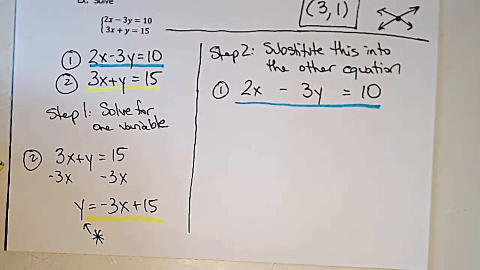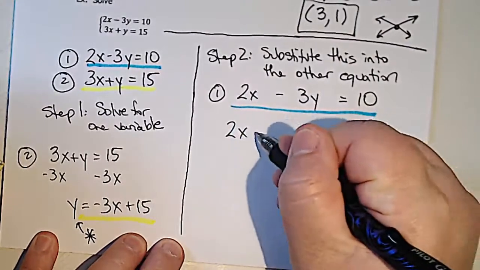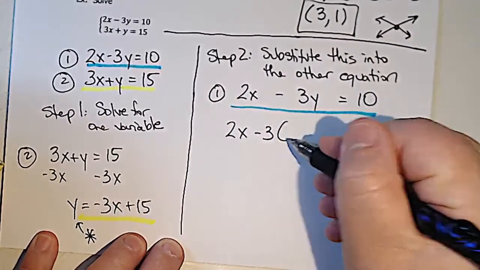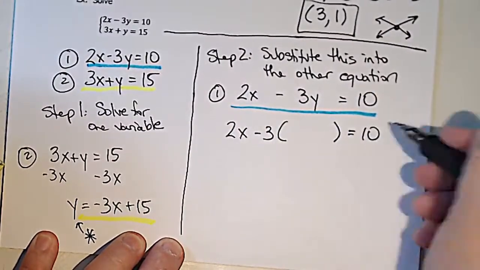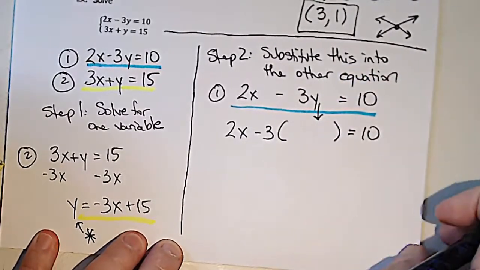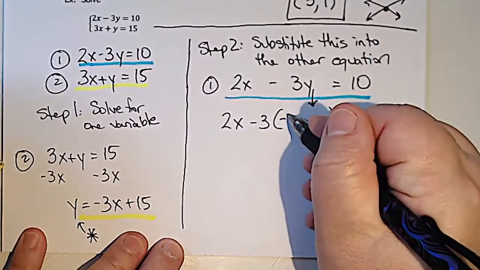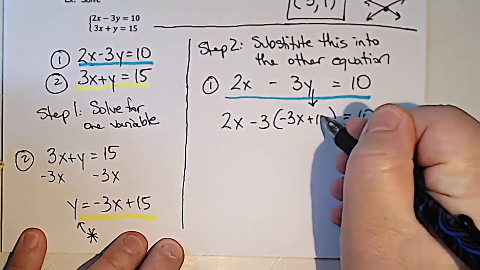Now, mathematicians say substitute, but most human people say plug in. So the other word is plug in. We're going to plug in y. So I've got 2x minus 3. Now, in the place where the y was, right there, that y becomes negative 3x plus 15.